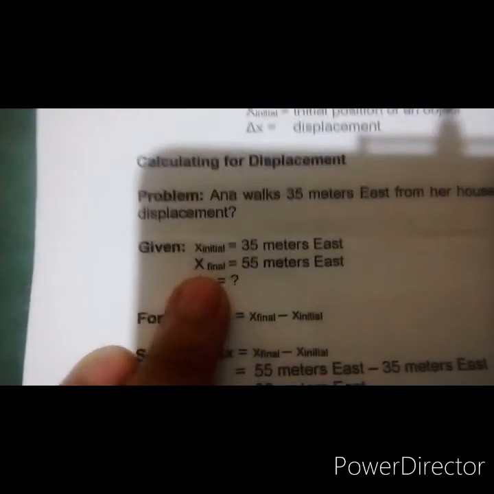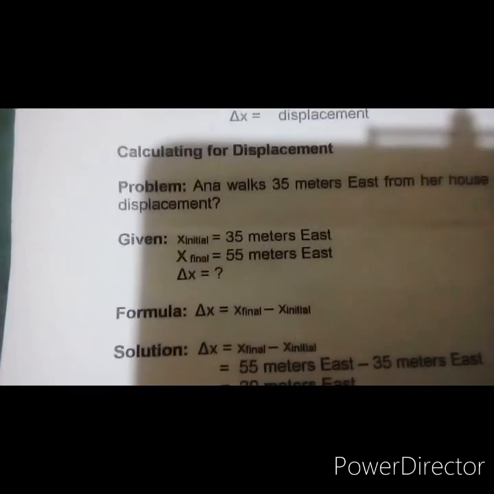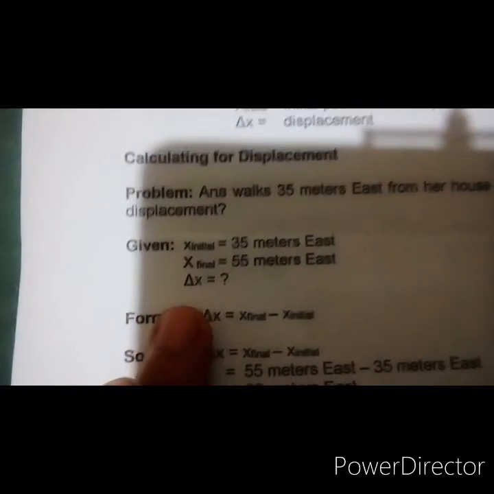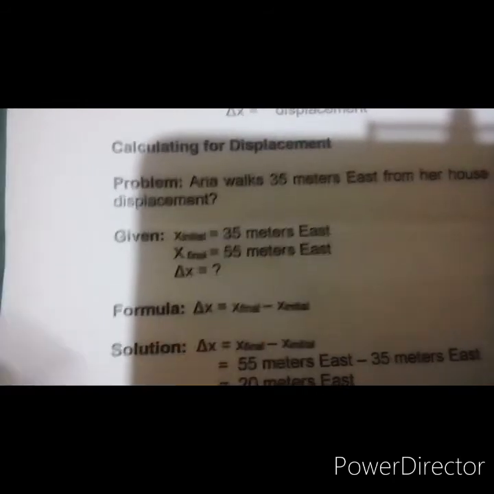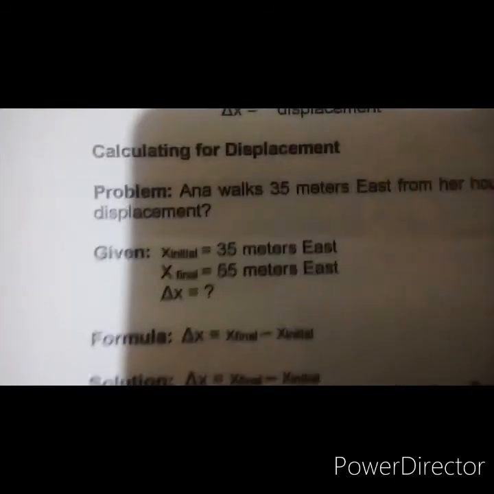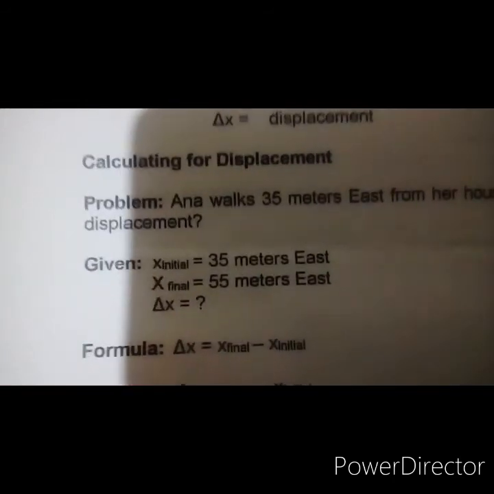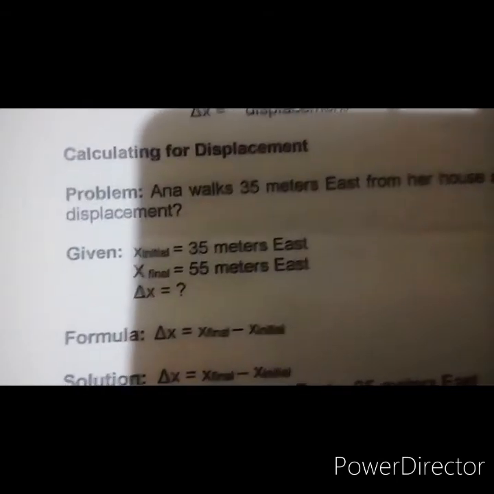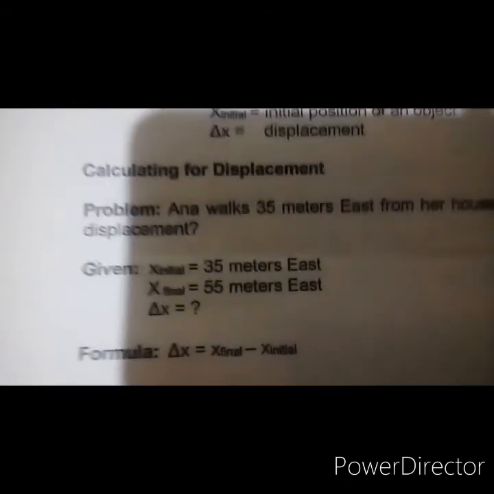So we have the initial, which is 35 meters. Then we have the final position, which is 55 meters. Then you're going to compute the change in position or the displacement. So for the formula, we have displacement is equal to final position minus the initial position.